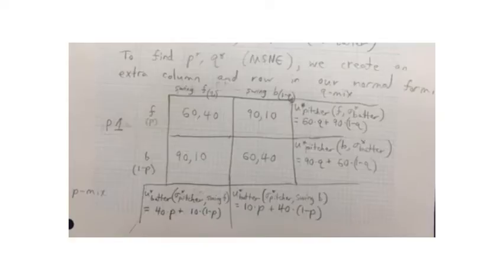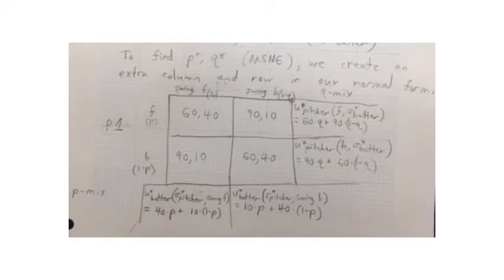So the pitcher pitches a fastball with probability P, so they're going to get a payoff of 10 with probability P, plus a payoff of 40 with probability 1 minus P. Because if they swing for breaking ball and the pitch is a breaking ball, which happens with probability 1 minus P, they're going to get a payoff of 40 as the batter.